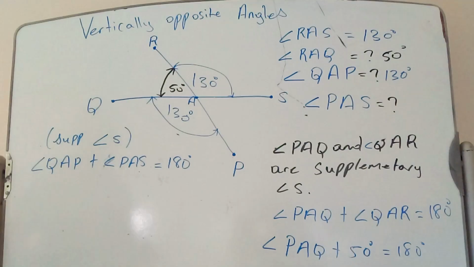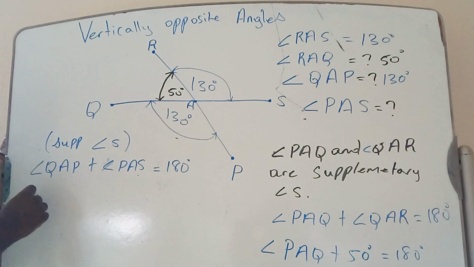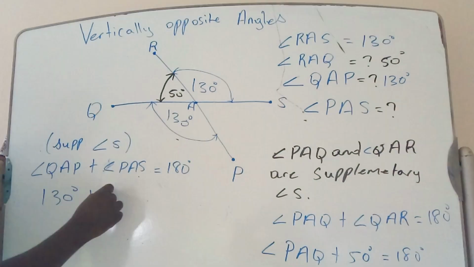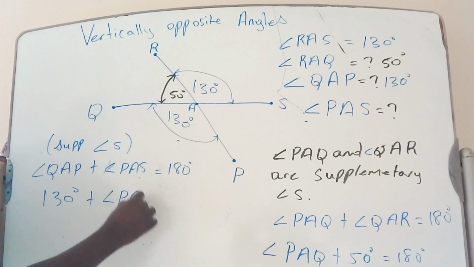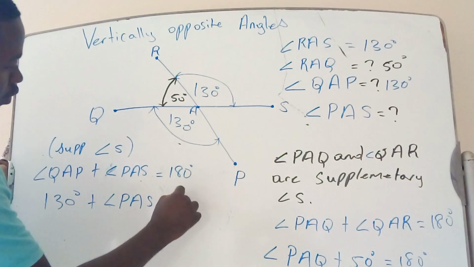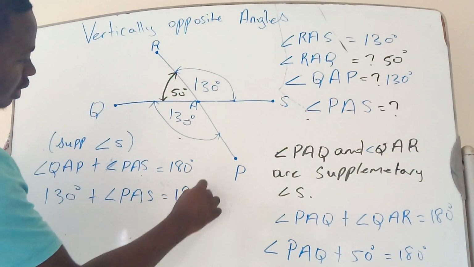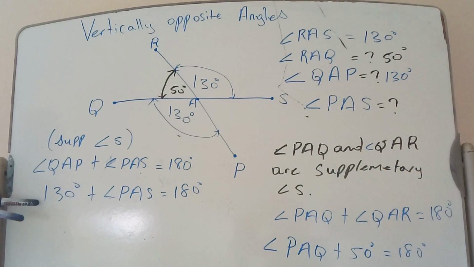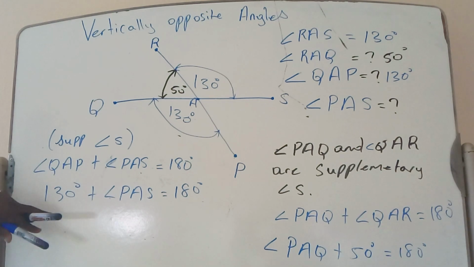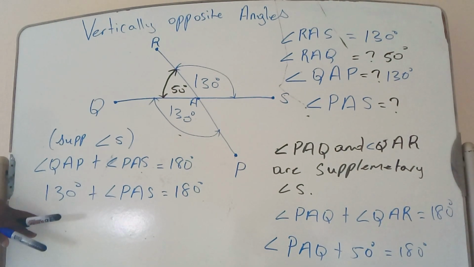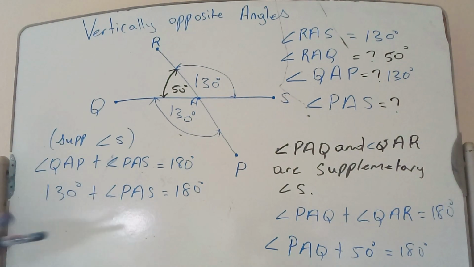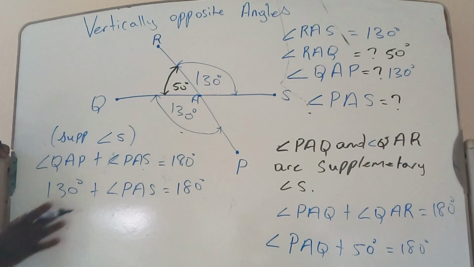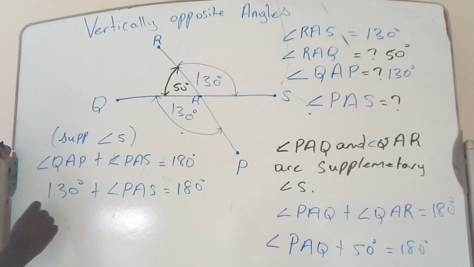So, 130 degrees plus angle PAS equals 180 degrees. Because we have 130 degrees, which is positive, we have to subtract 130 degrees from both sides of the equation.